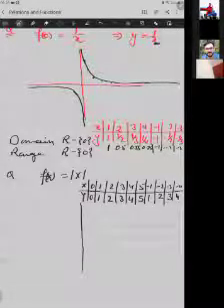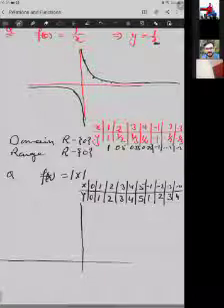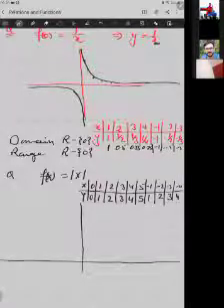So if we go like this, I need to represent it on the curve. When x is 0, y will also be 0. When x is 1, y will also be 1. X is 2, y will also be 2. X is 3, y is also 3. 4, then 4, 5, then 5. Minus 1, then 1. Minus 2, then 2. Minus 3, then 3. Minus 4, then 4. Minus 5, then 5.